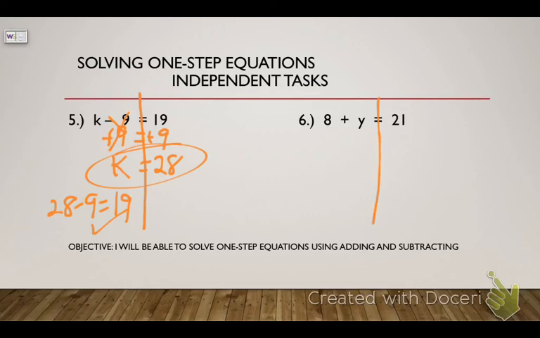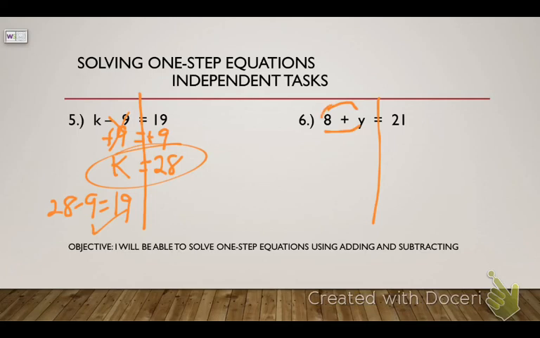Here's the next one. Now this is a little different. This is a little stranger. Now you notice that the variable comes after the number. Well, you can't subtract y from both sides in this case. So what we're going to do is switch these two around, because you can do that when you're adding. When you're subtracting, you shouldn't do that.